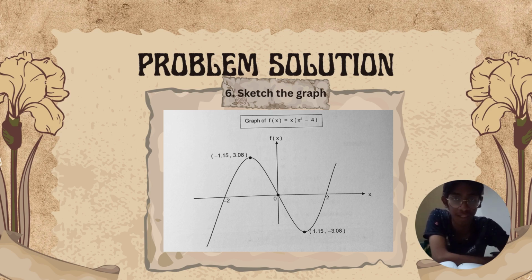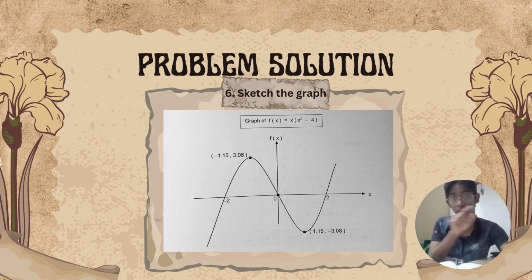negative infinity to 0, the interval has the negative sign of f double prime x, which also concludes concave down. So from negative infinity to 0, the graph is going to be like that, the reverse smiley face.